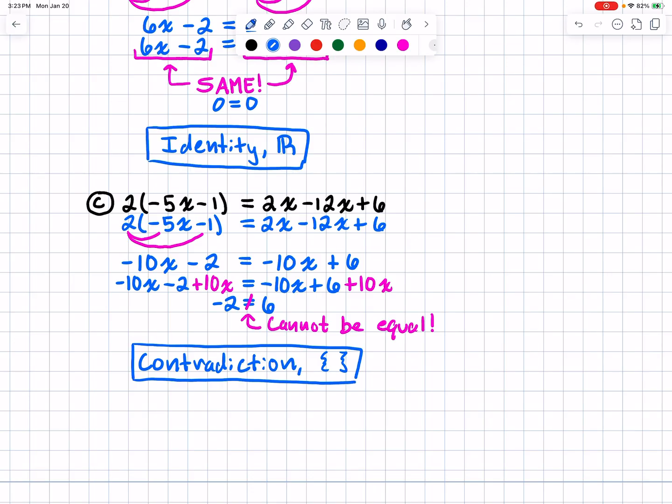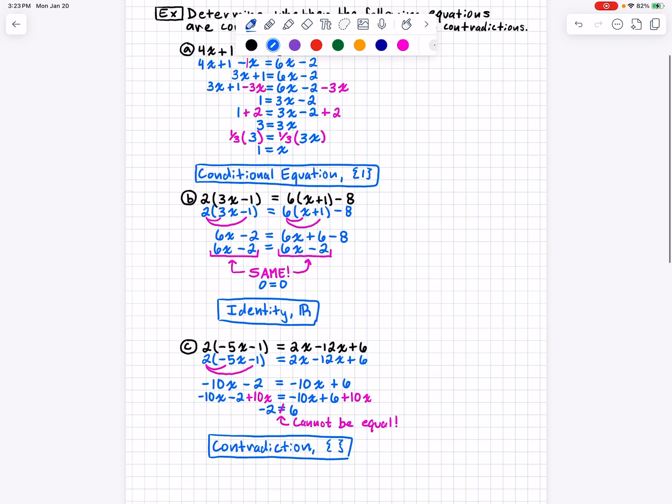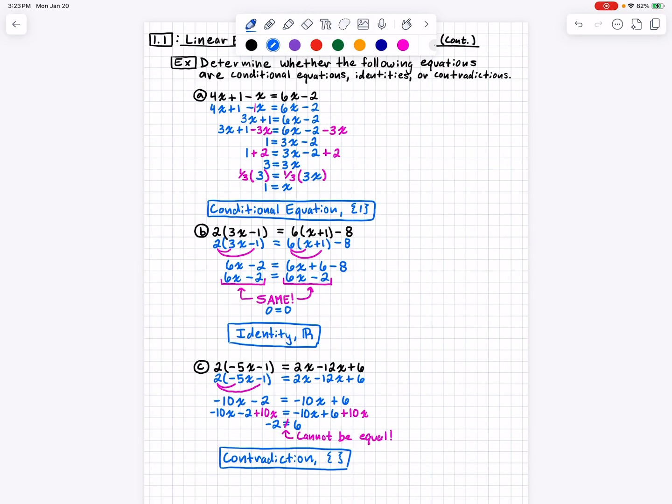So here we have the 3 different equation types, which are a conditional equation, in which we get a solid answer. We have x equals something. Here we have an identity. We get that from getting something equals itself, like 0 equals 0, or 6x minus 2 equals 6x minus 2.